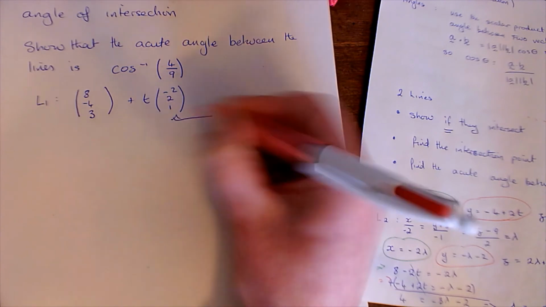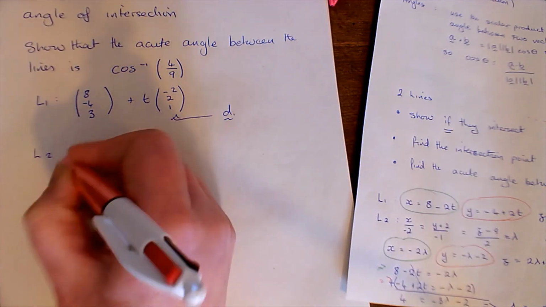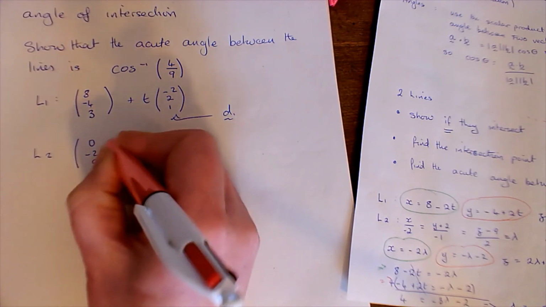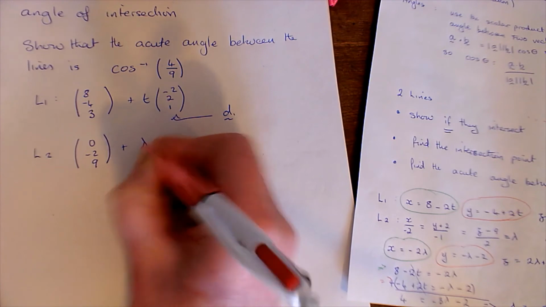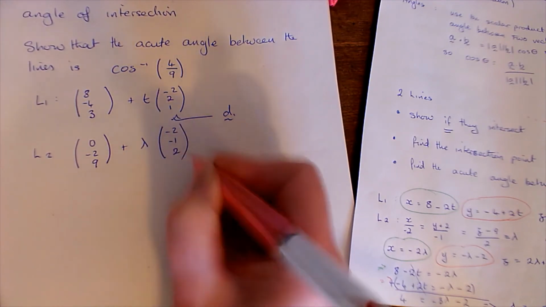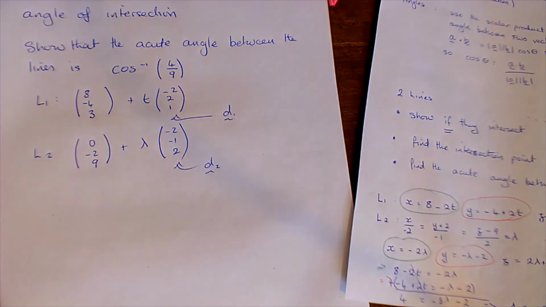And that is the direction vector of line 1. And line 2 we can do the same thing on. It becomes 0, minus 2, 9 plus lambda times minus 2, minus 1, 2. And that gives us d2, the direction vector of line 2.